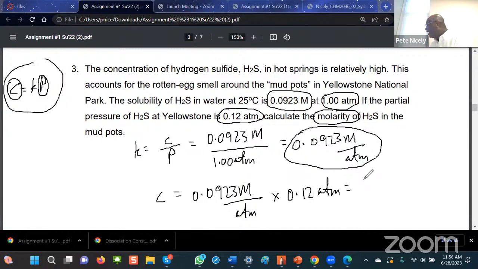When I did that calculation, the answer I got is 1.1 times 10 to the minus 2 M. And that's basically how that is done.